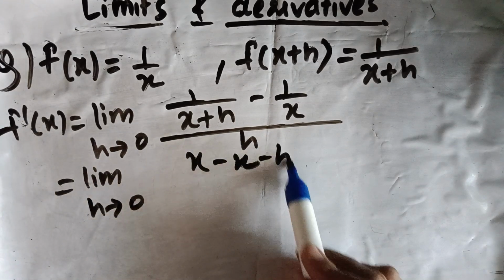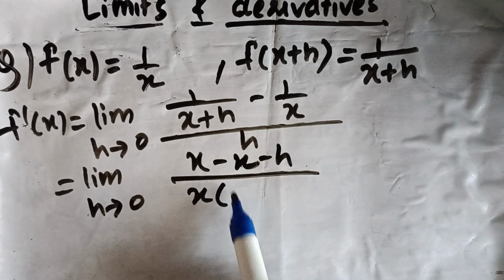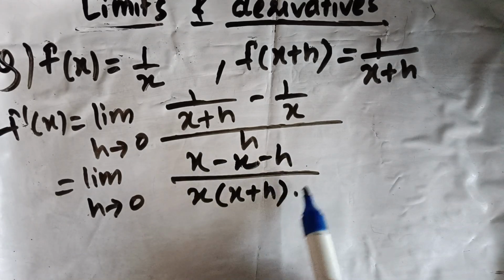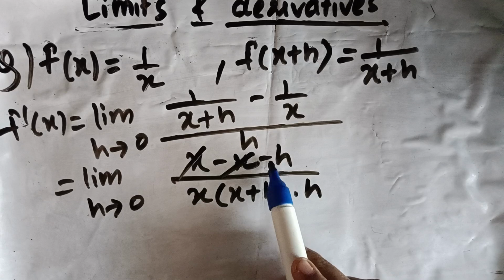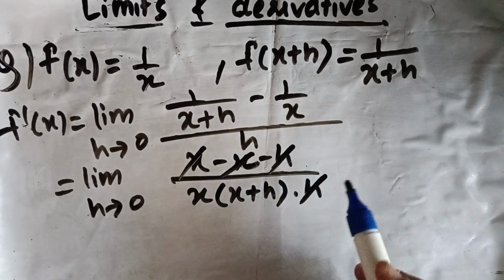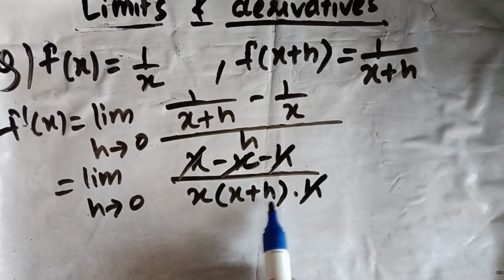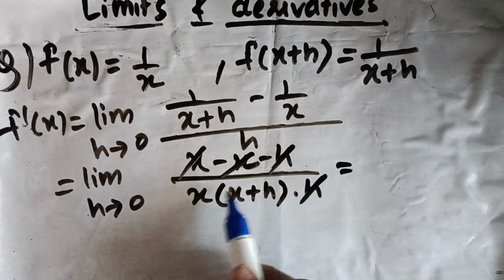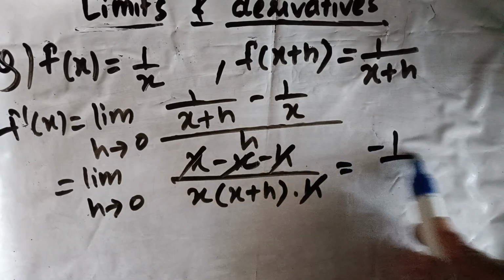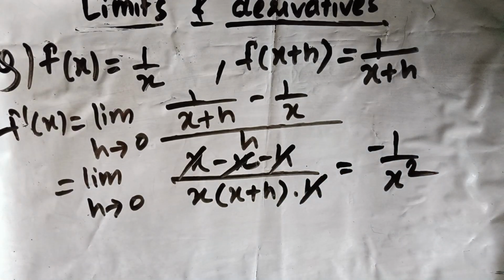This gives minus h upon x plus h into x into h. So this is minus h upon h, which gets cancelled. When h is 0, then you will get minus 1 upon x square.